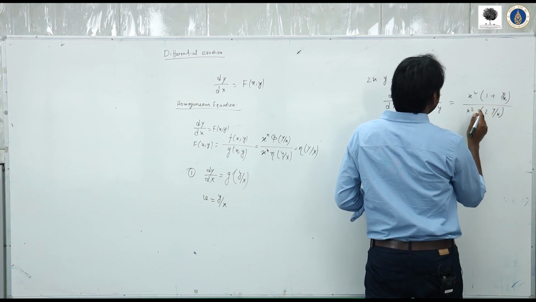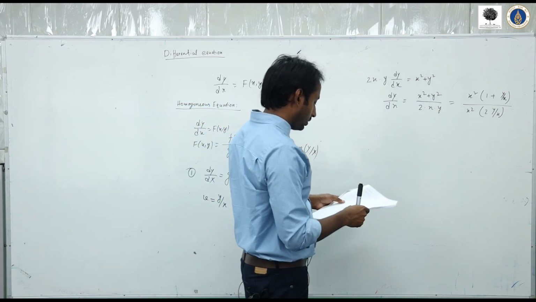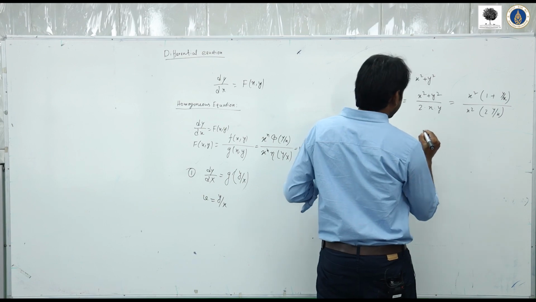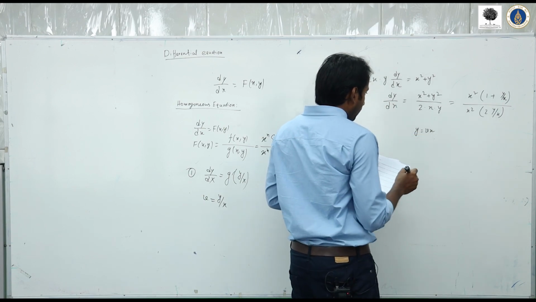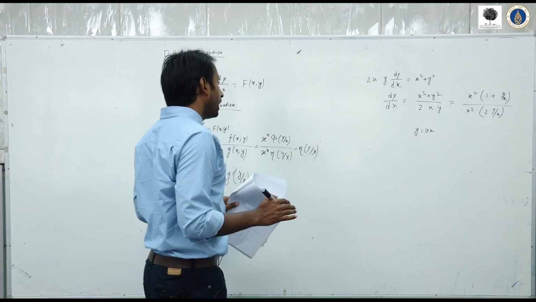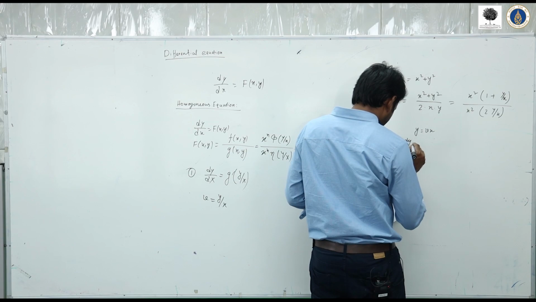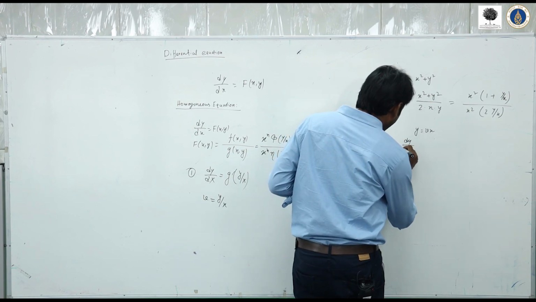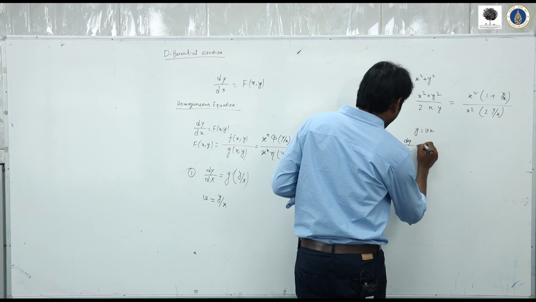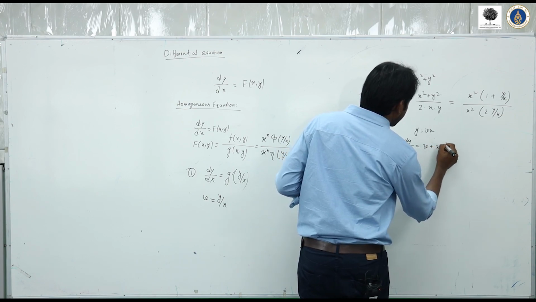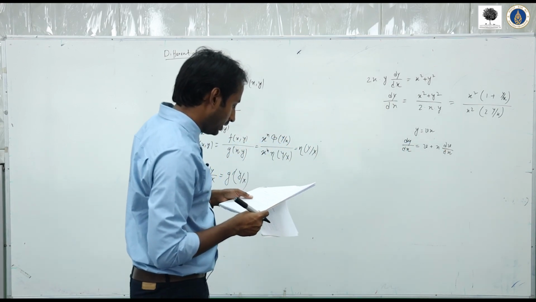So this is eventually in this form, so this is a homogeneous equation. Then I consider y is vx, or v is y by x, the same thing. So now dy by dx is actually v plus x dv by dx.